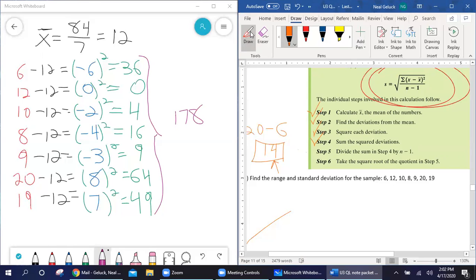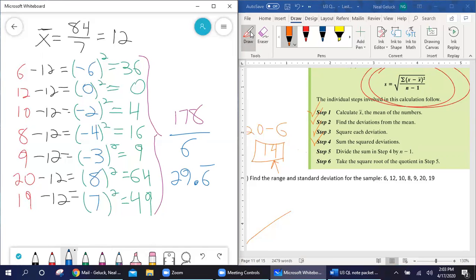Step 5, divide that sum by n minus 1. There were 7 values. So I'm going to take that number and divide by, oops, not 4. I don't know where that number came from, sorry. I'm going to divide by 6. That is about 29.6 repeating, and I would just keep that in your calculator.